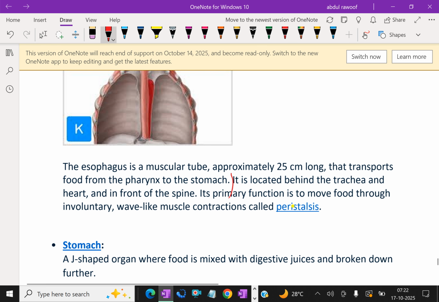It is located behind the trachea and heart and in front of the spine. Its primary function is to move food through involuntary wave-like muscle contraction called peristalsis.